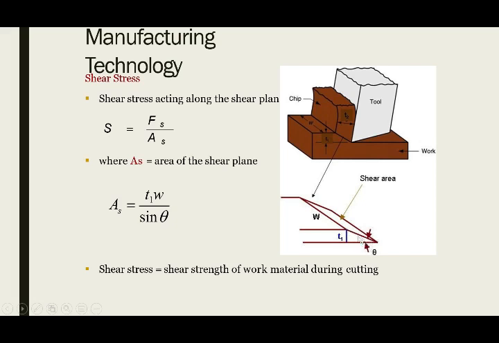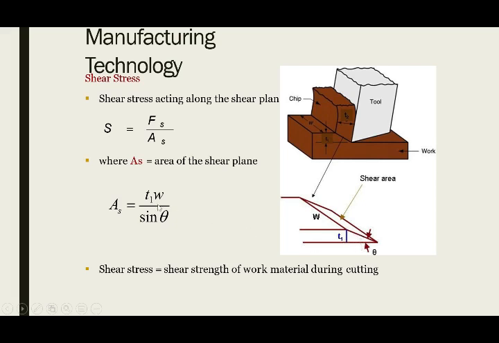This is the hypotenuse, and the right angle is here. In order to calculate this line, we consider sin theta is equal to T1 upon hypotenuse, so we need the hypotenuse. The equation will be T1 divided by sin theta is equal to hypotenuse.